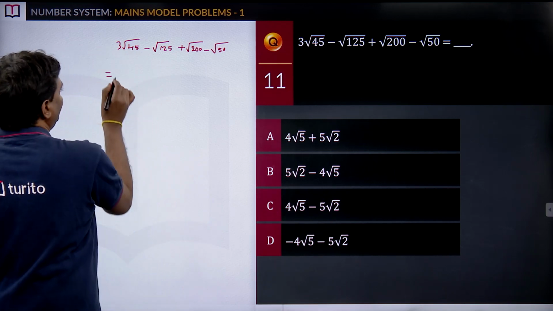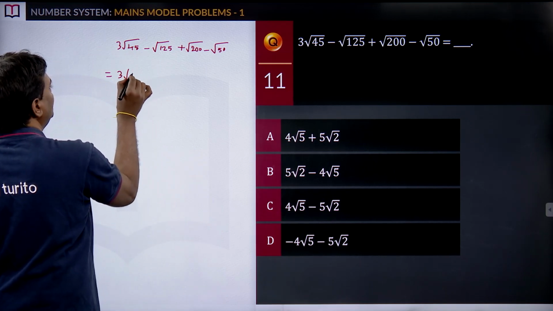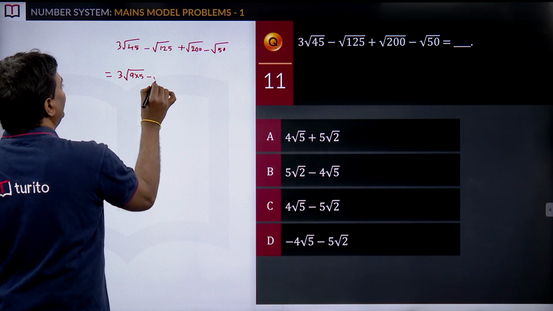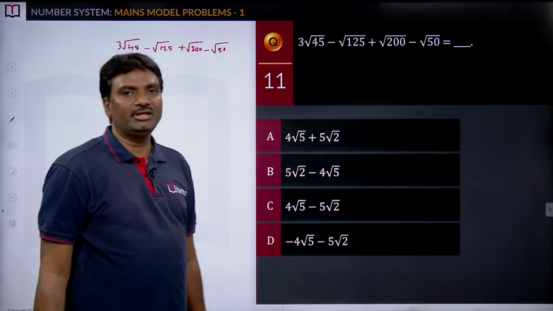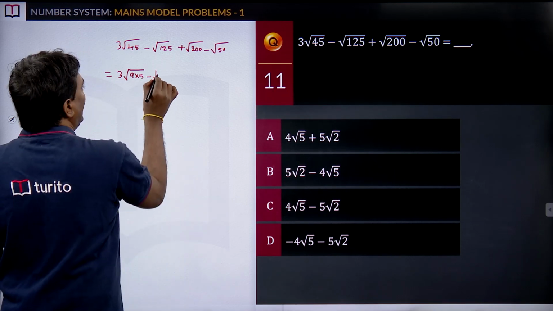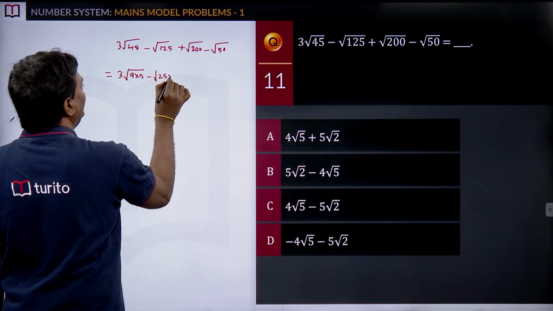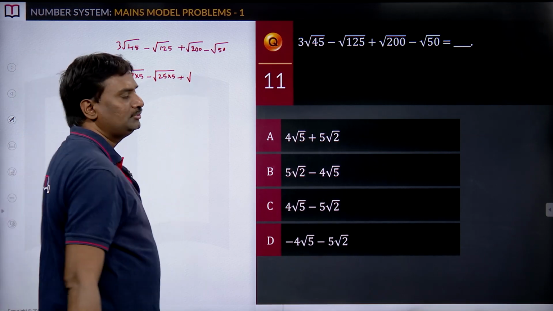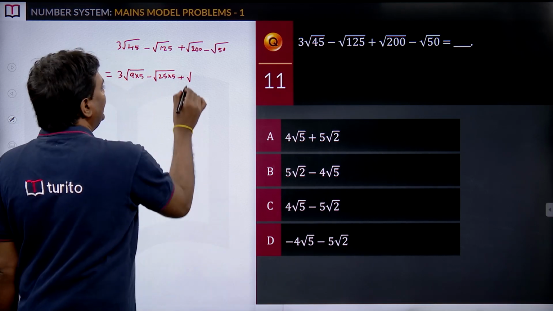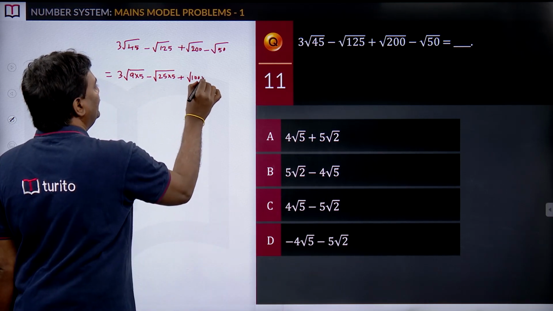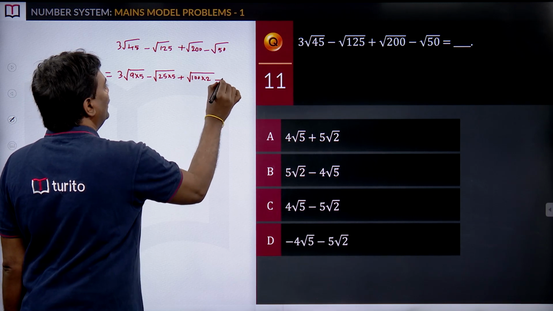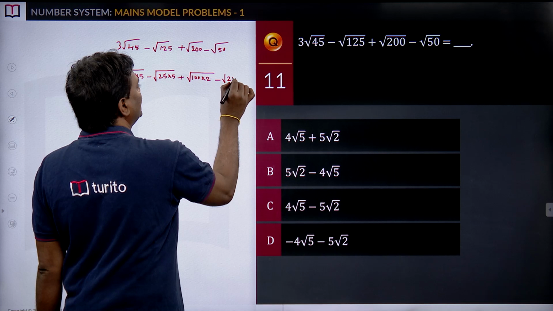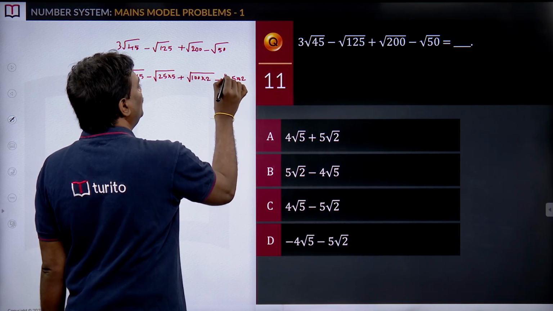So, write 45 as 9 into 5: 3 into square root of 9 into 5 minus square root of 125. 125 can be written as 25 into 5, plus square root of 200. 200 can be written as 100 into 2, minus square root of 50. 50 can be written as 25 into 2.